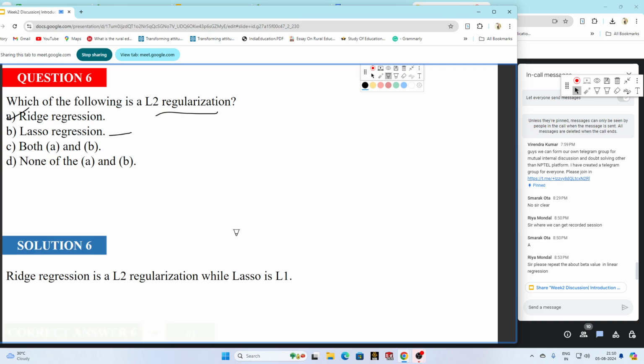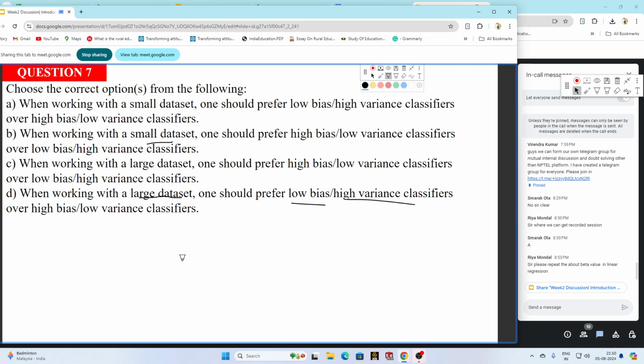Yes, sir. Now coming to question number 7, choose the correct option. Which of the following are correct? Option A, when working with a small data set, one should prefer a low bias high variance classifier over a high bias low variance classifier. Option B, when working with a small data set, one should prefer a high bias low variance classifier over a low bias high variance classifier.